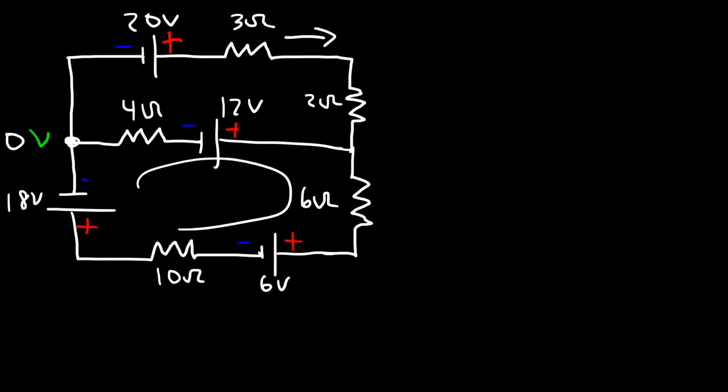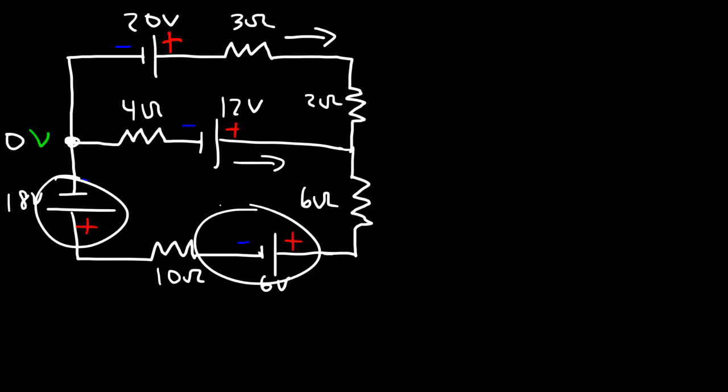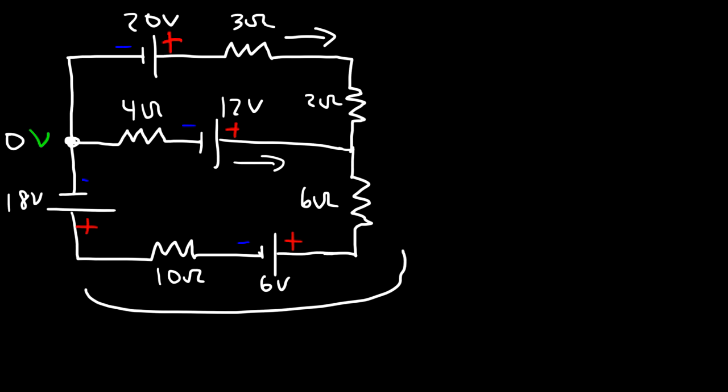Now looking at this loop, the 12 volt battery wants to send a current going in this direction, and these two batteries, they add up to make a 24 volt battery. The combined effect of those two batteries will want to send a current going in this direction as opposed to that direction. And this voltage wants to send a current going through this direction.